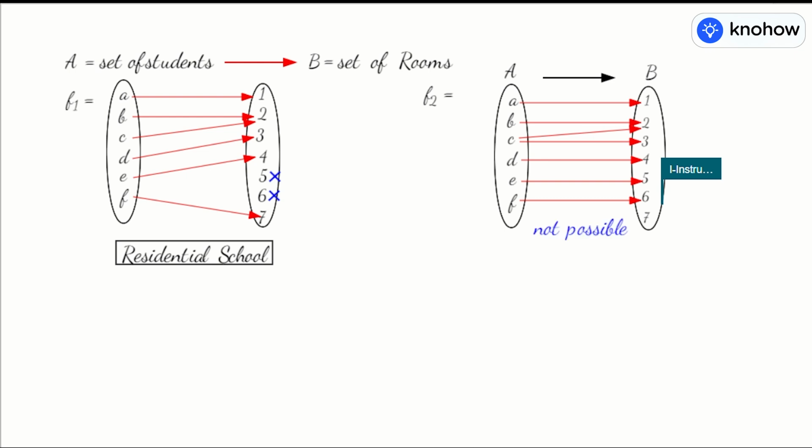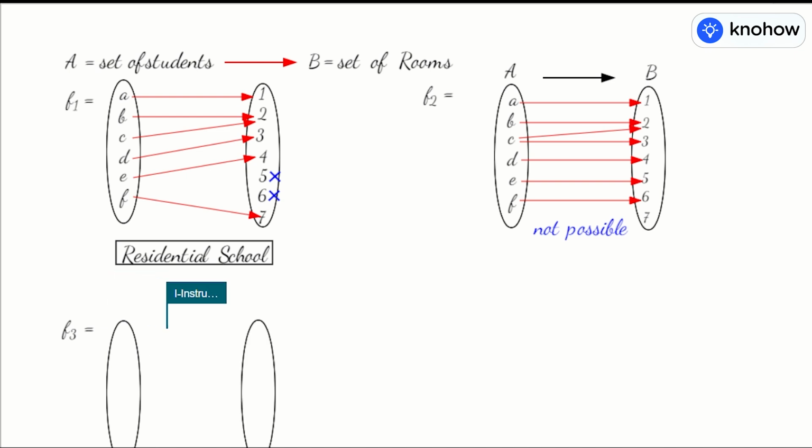Okay, let's take one more example. F3. Set of students A, B, C, D, E, F, and room numbers 1, 2, 3, 4, 5, 6, 7. Look at this relation.